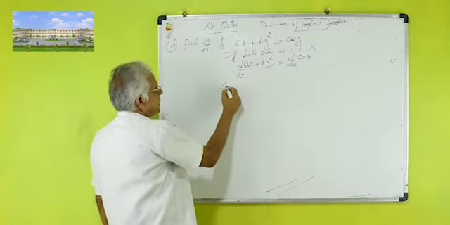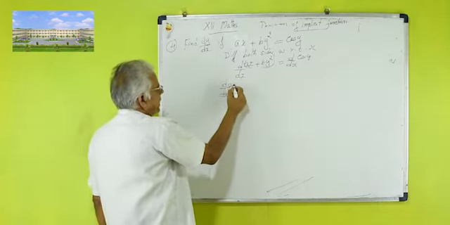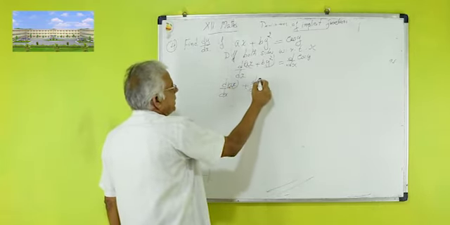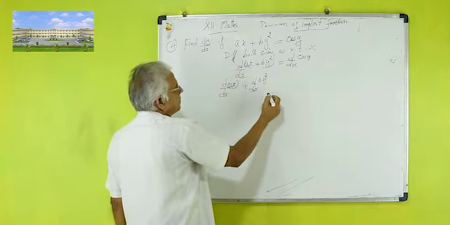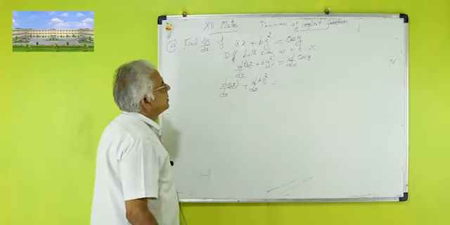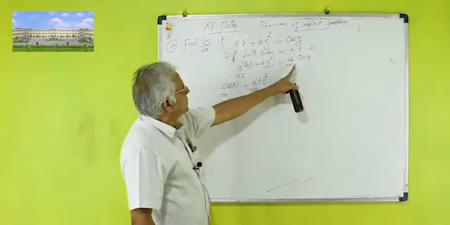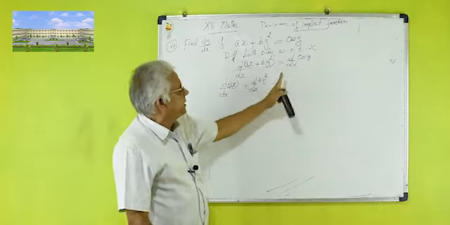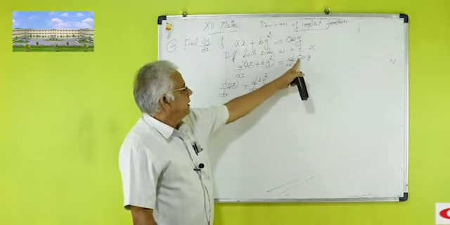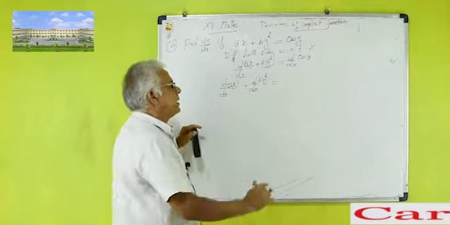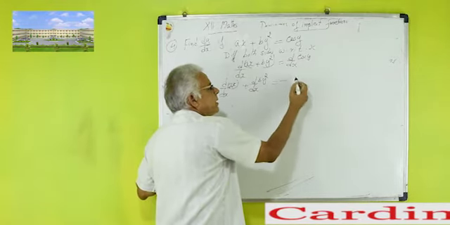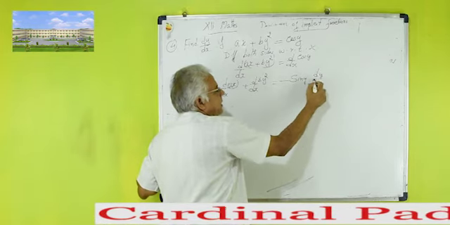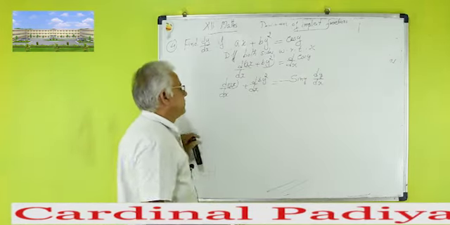Sum rule: dy by dx of ax plus dy by dx of by² is equal to dy by dx of cos y. The derivative of cos x is minus sin x, but the derivative of cos y with respect to y becomes minus sin y into dy by dx. This here is also chain rule.